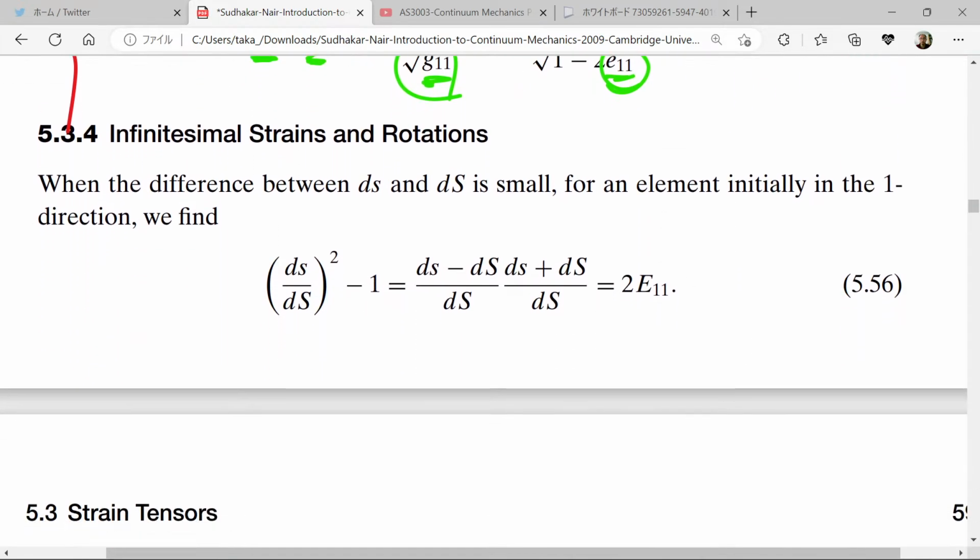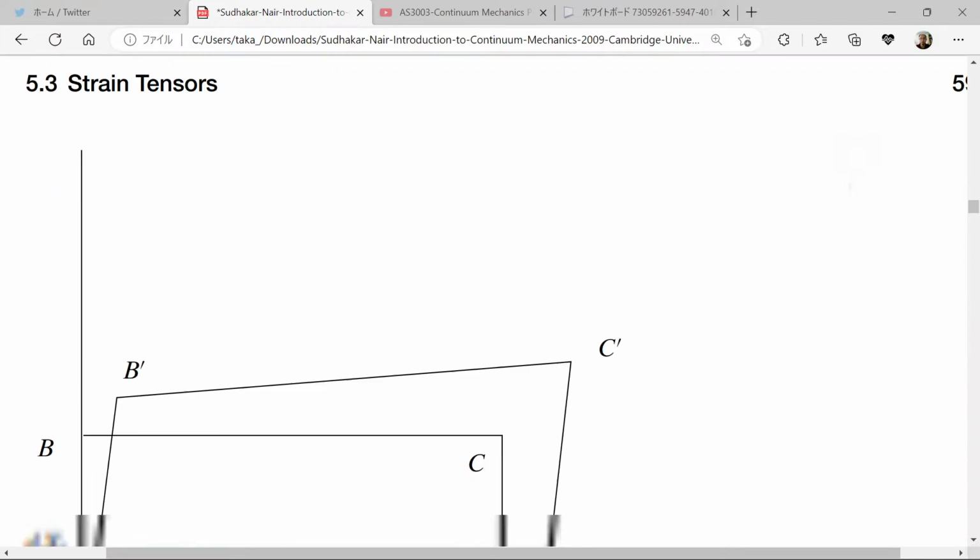Infinitesimal strain and rotations. When the difference between d small s and d large s is small, for an element initially in the one direction, we find stretch squared minus 1 is something like this. Is this 2E11?